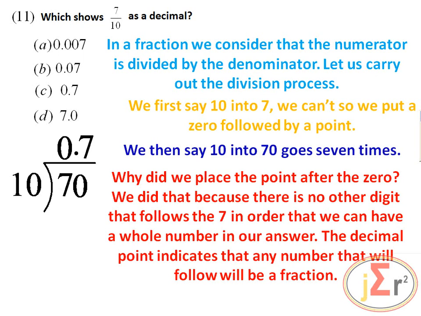So, when we say 10 into 7 and that did not work, we put the 0 and we put the point. Why did we put the point? Because 10 cannot go into 7 a whole number of times. So it will be a fraction. It will be a decimal fraction. So we have to put that decimal point as an indicator that the numbers to follow will not be whole numbers, but will be fractions.